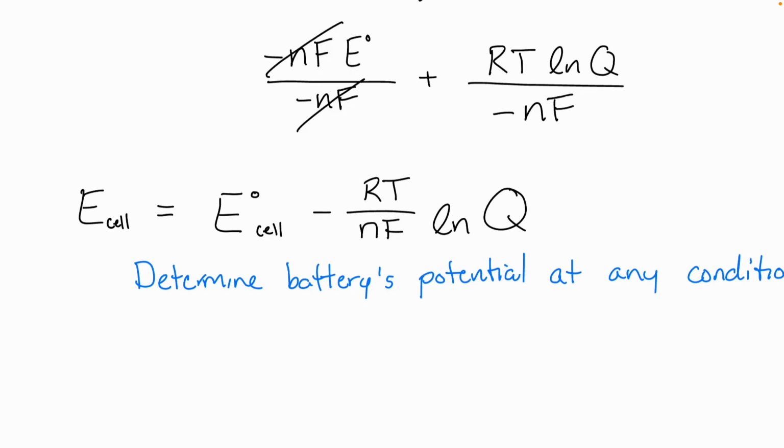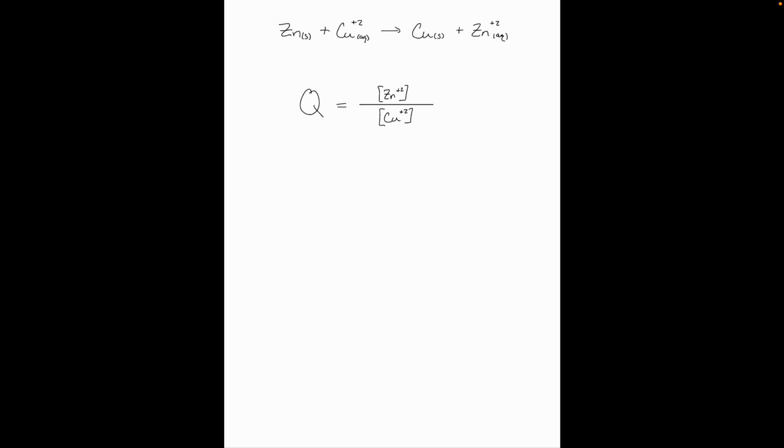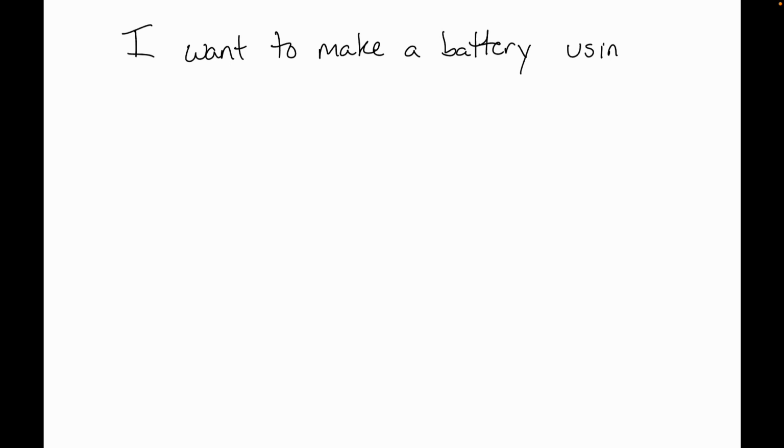All right, so let's do one of these from scratch here, going all the way back to the beginning. I want to make a battery using aluminum and bromine.